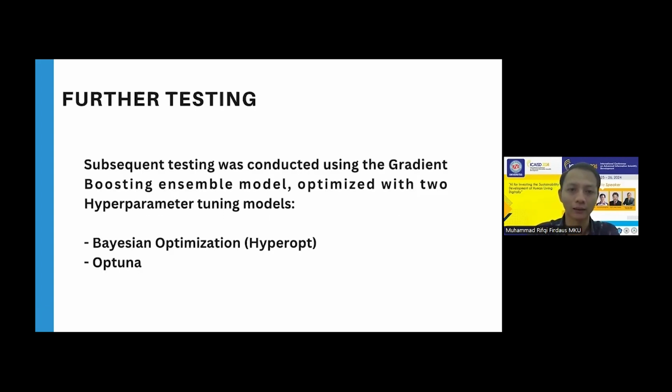In the subsequent testing, we used the gradient boosting ensemble model optimized with two hyperparameter tuning models, Bayesian Optimization or Hyperopt and Optuna. In this test, we split the training and testing data 80 by 20.